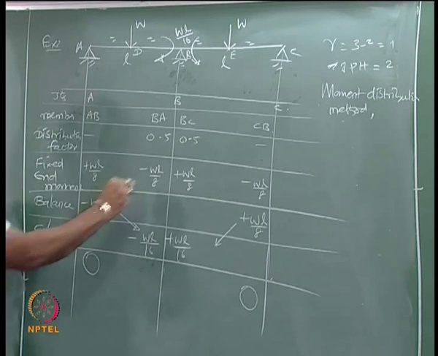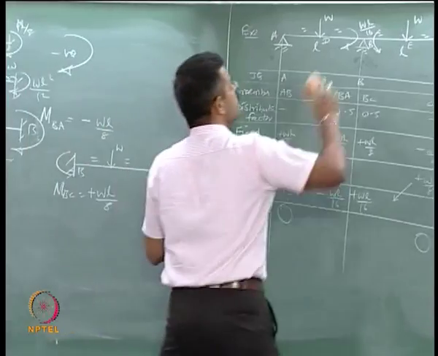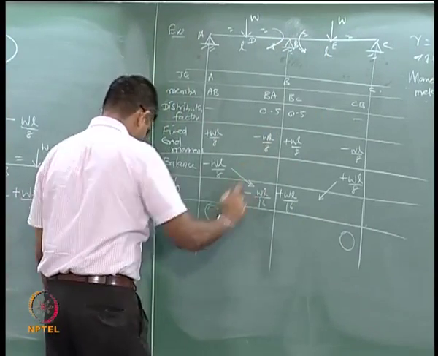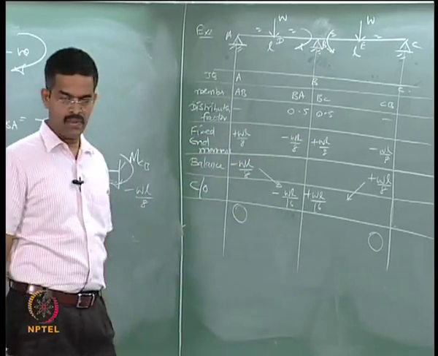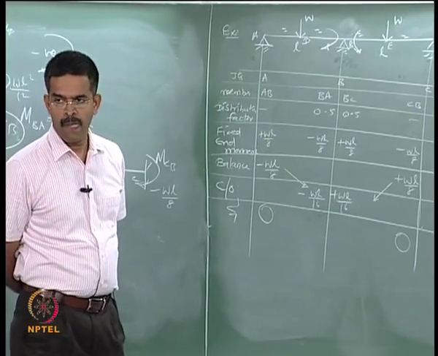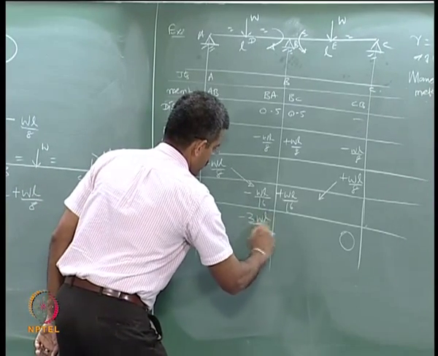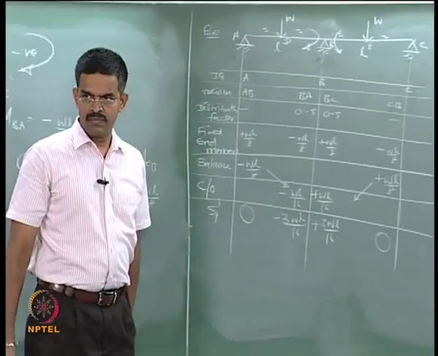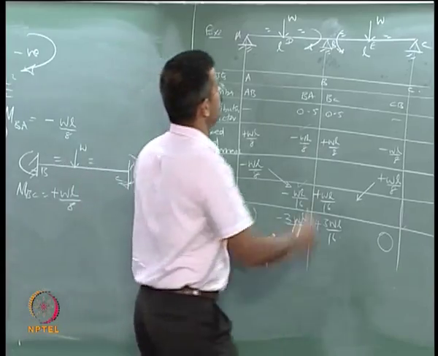Now, I have to add these two values. Can you give me what this value is? This and this together, because there is a value here and a value there, I have to add them, nothing but the sum. Three WL by 16, is it not? WL by 8 and WL by 16. So, I write it here.